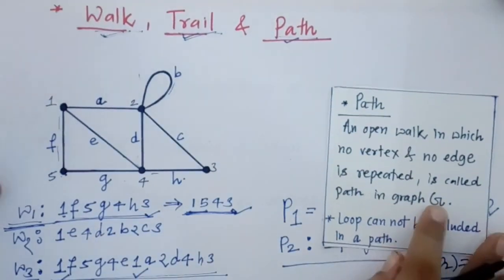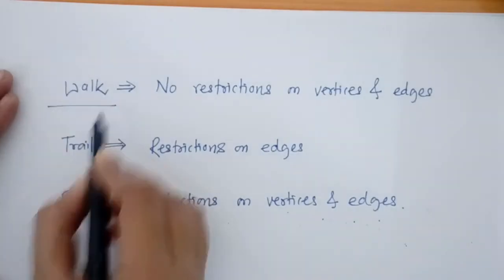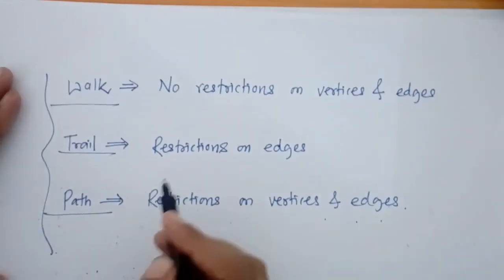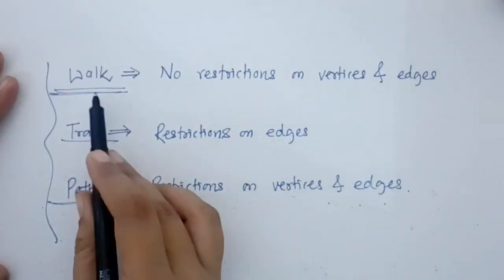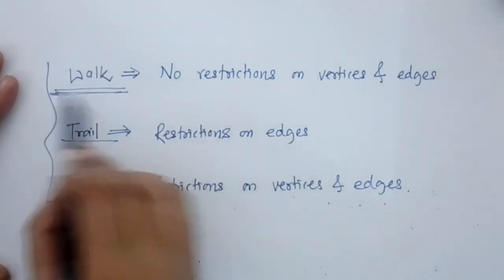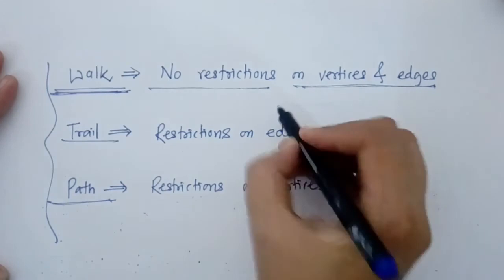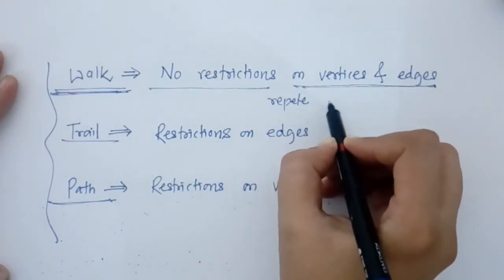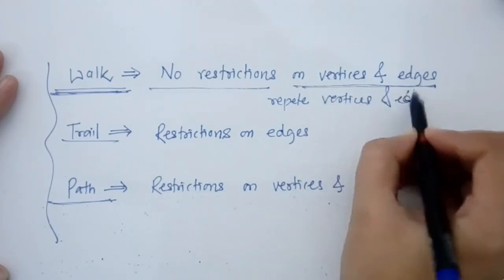We have to remember that walk, trail and path are alternating sequences of edges and vertices. The only difference is that in a walk there is no restriction on vertices and edges, which means we can repeat vertices and edges.